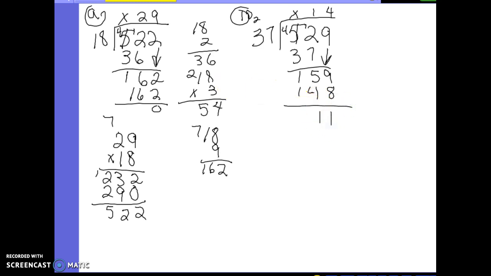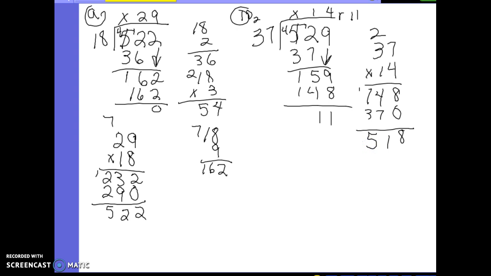Is 11 less than 37? Yes. So now I have a remainder of 11. Let's try this out. 4 times 7 was 28. 4 times 3 is 12, plus 2 more is 14. A 0, a 7, and a 3. 8, 11, 5. You agree? And we're going to add 11. 9, 2, and 5.